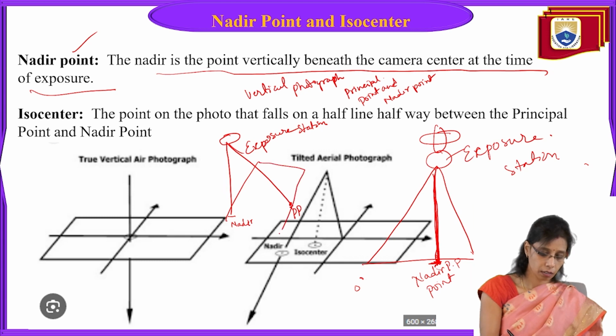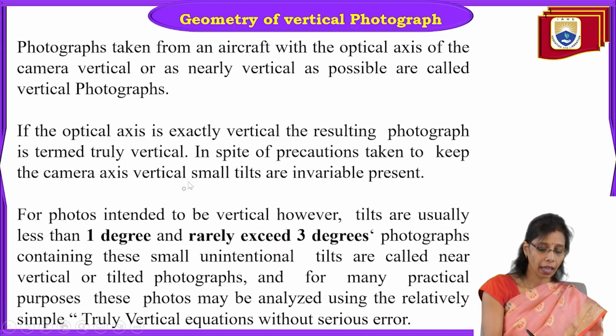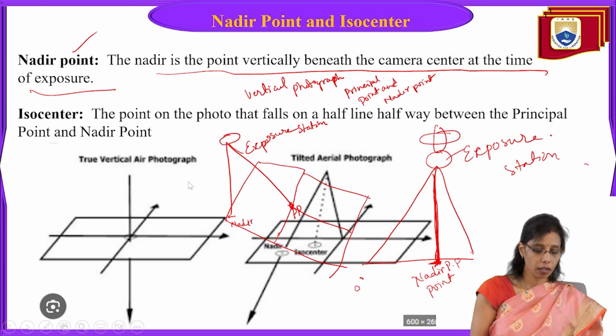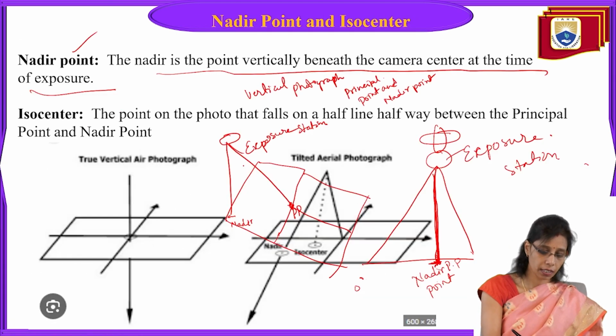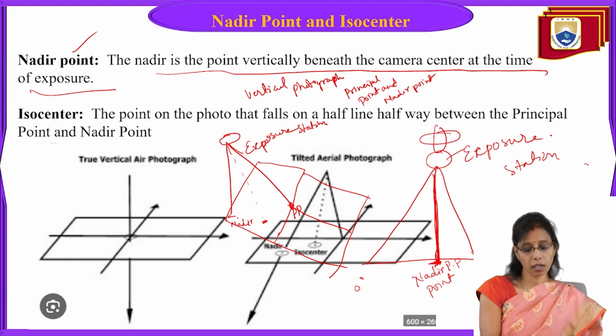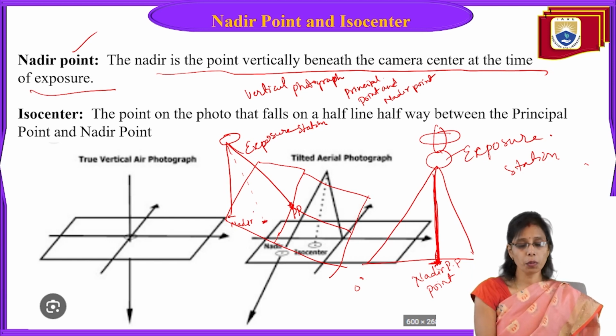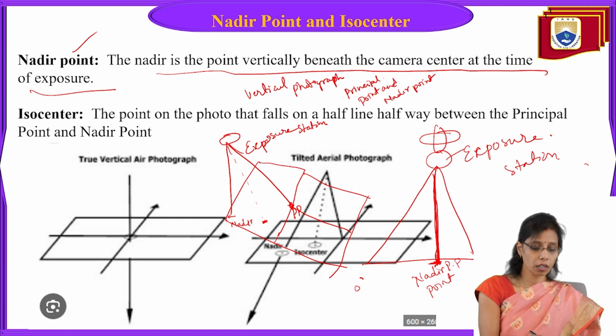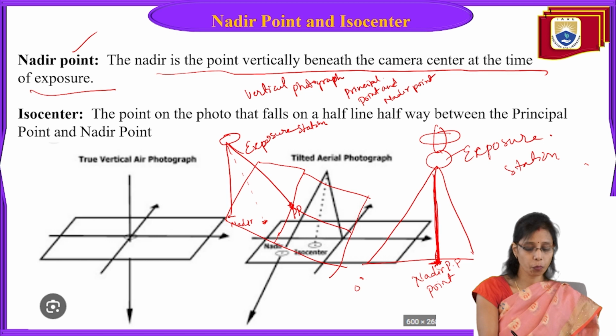So here is a principal point, here is a nadir point, and there is a term called isocenter. This is the isocenter, which falls halfway between the principal point and the nadir. Okay, so isocenter is the point between nadir and principal point.